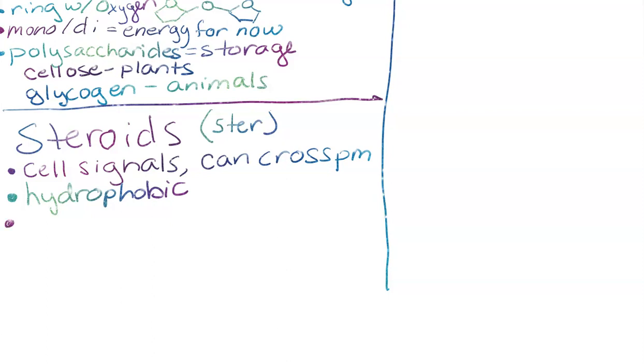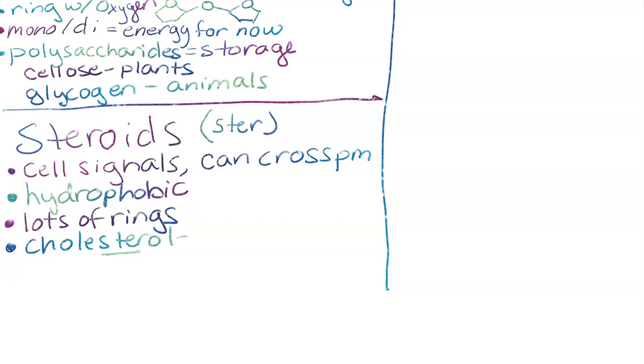There are lots of rings stuck together. I'm not even going to try to draw them because they're super complicated, but lots of rings. That's how you'll recognize a steroid. There are a couple of steroids you have to know. Cholesterol. See, STER.